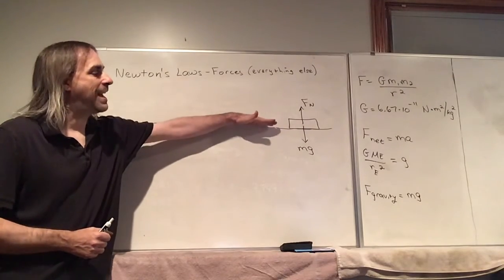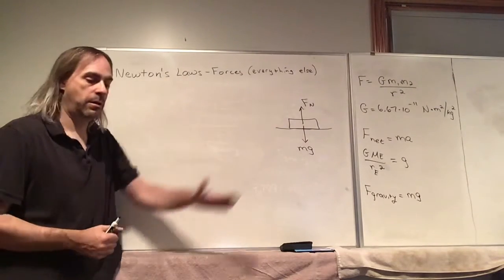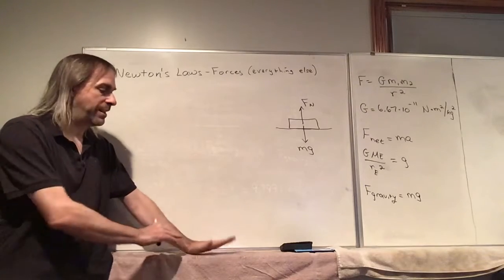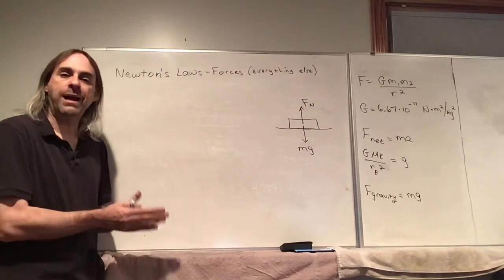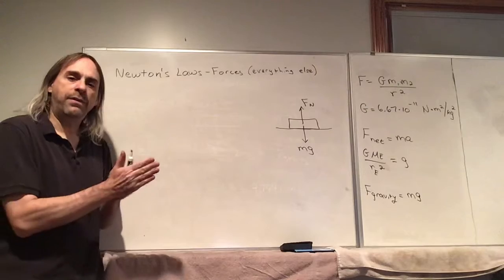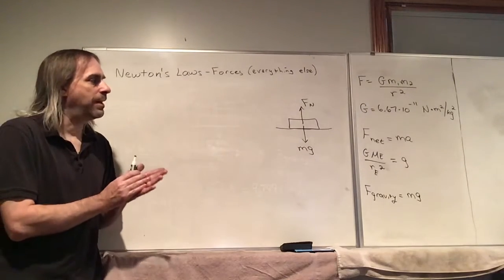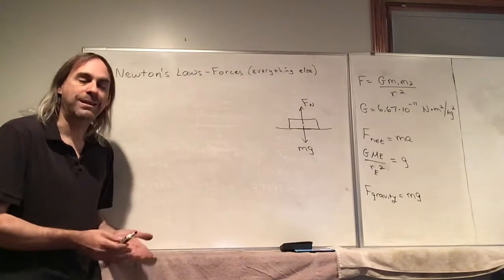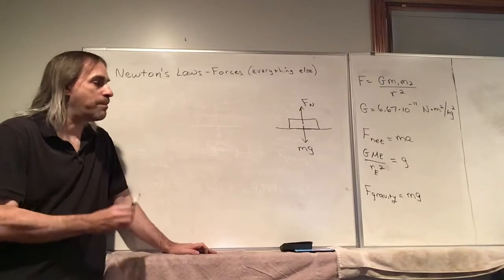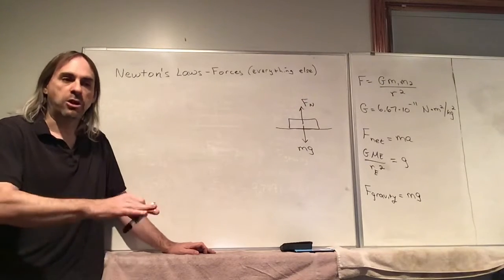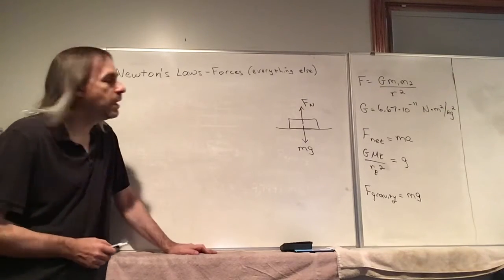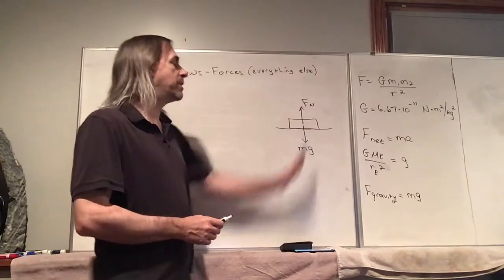So this is a contact force. The bottom of the book and the top of the table are interacting with each other, and the normal force, pretty much by definition, is perpendicular to the surface of the object. So here, the normal force points upwards.